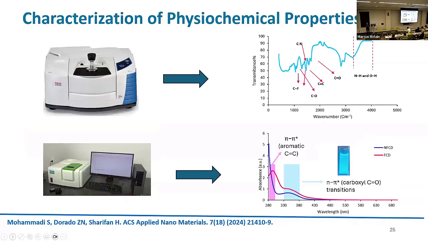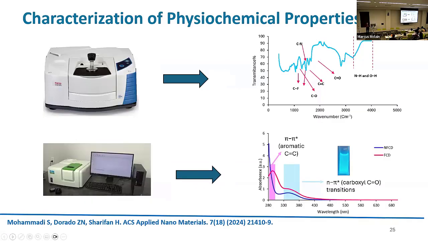And here you can see the FTIR spectra, and we can see different kinds of bonds like C-F, C=O, C=C, C-N, N-H, and N-O-H that improve the solubility in water.